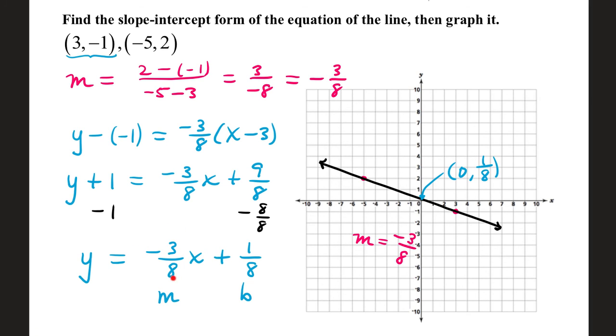Notice our x term contains the slope. That's a good sign. Those have to be the same if we've done it right. And then this tells us that our line crosses the y-axis at 1/8, just barely above the origin.